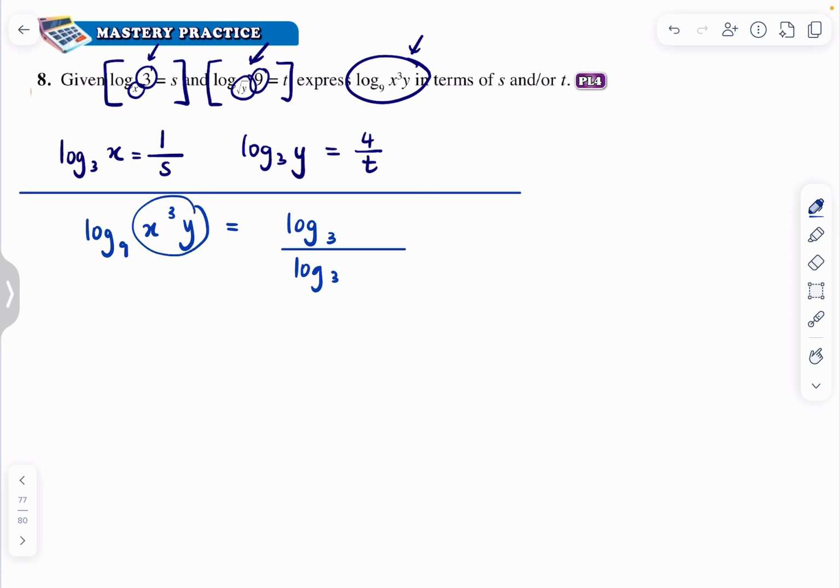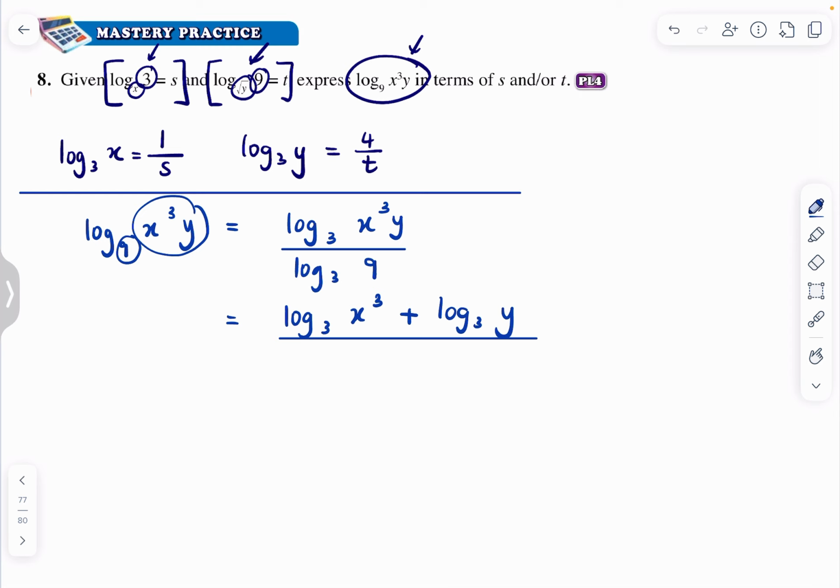The big number goes on top, small number goes below. So on top here we can separate them. Since it's x cubed times y, this can become log_3 x cubed plus log_3 y. Times will change into plus.